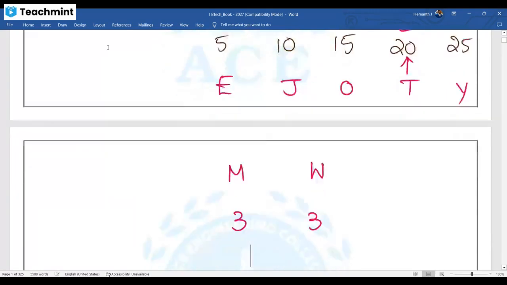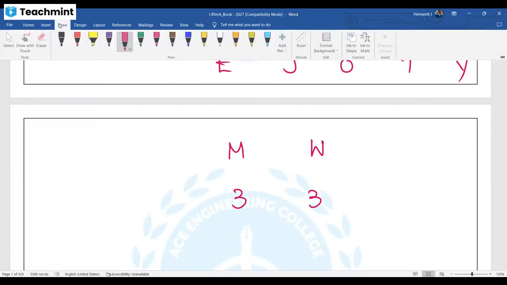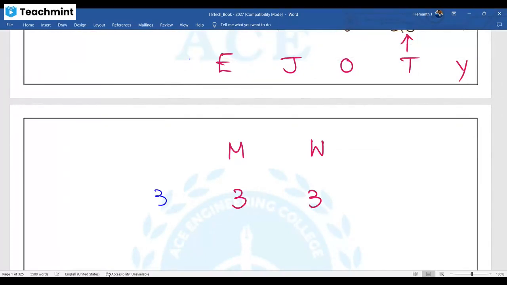Ending with 3, how many numbers are there from 1 to 26? 3, 13, 23. 3 we know is C: A1, B2, C3. For M, we already gave one logic as 13, the middle. The other logic is M rotating gives 3. W at the end, 23 is justified. W rotating gives 3, and W is at the end, so 23 is justified.